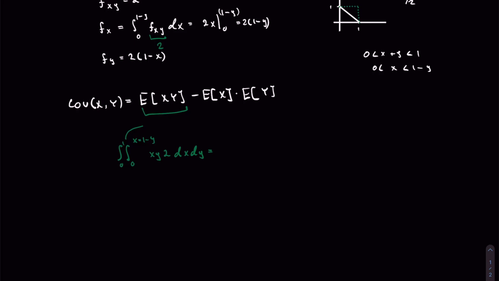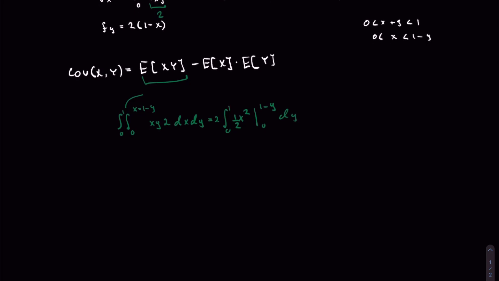Integrating over x first gives x squared over 2, and the 2 outside disappears. What remains is (1 minus y) squared, integrated over that area.